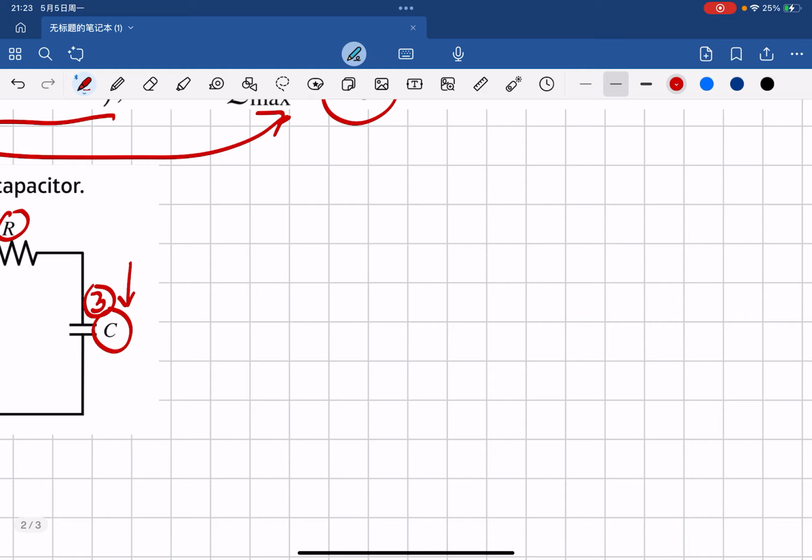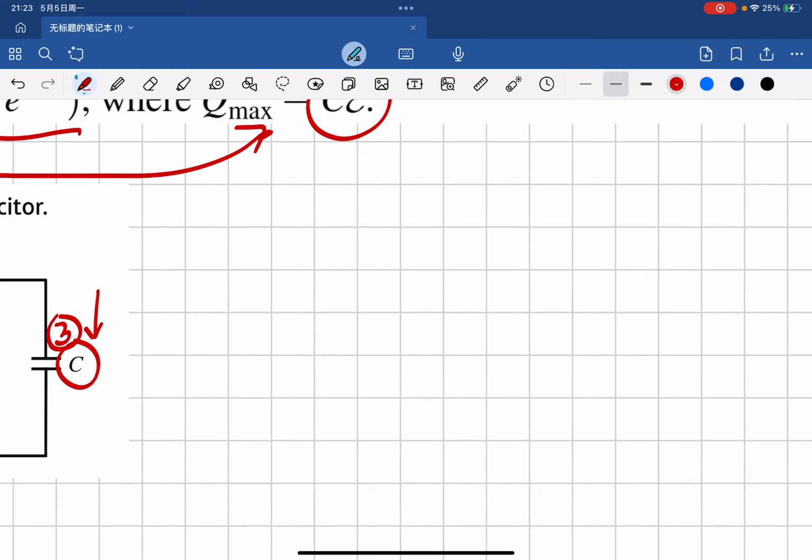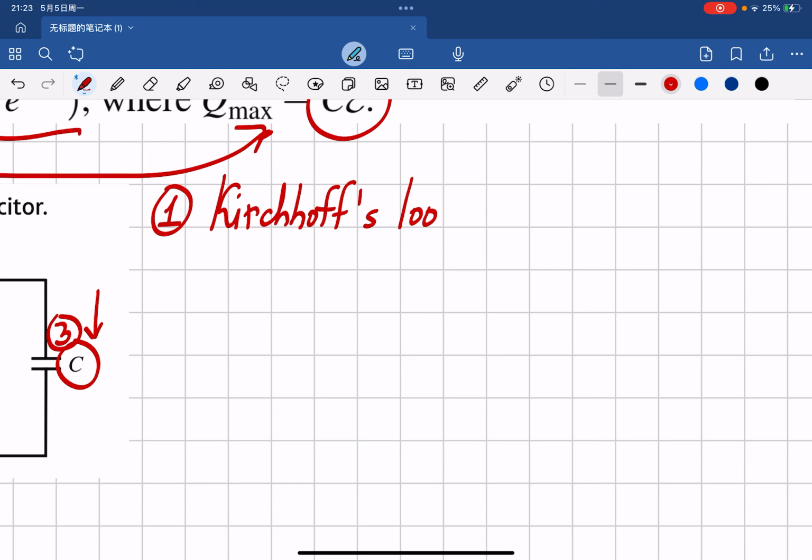And in this problem we will use Kirchhoff's rule. And what is Kirchhoff's rule?